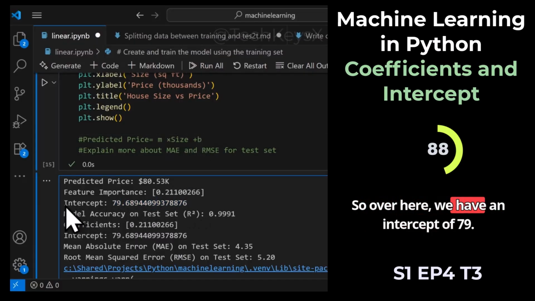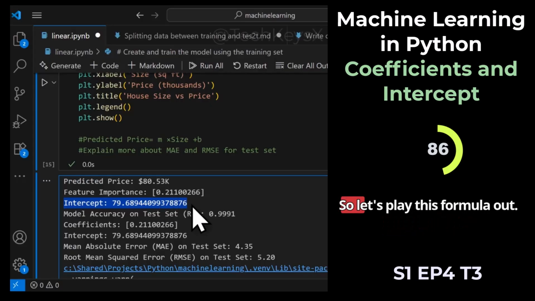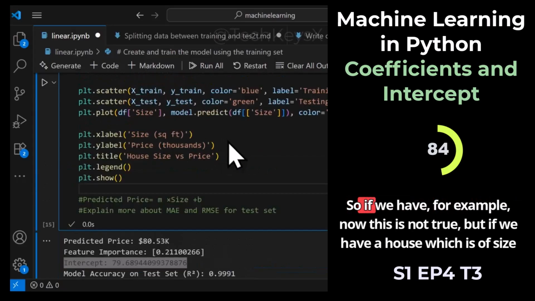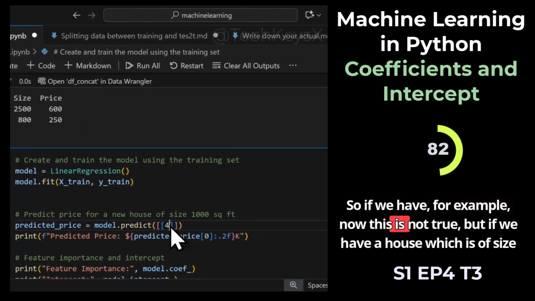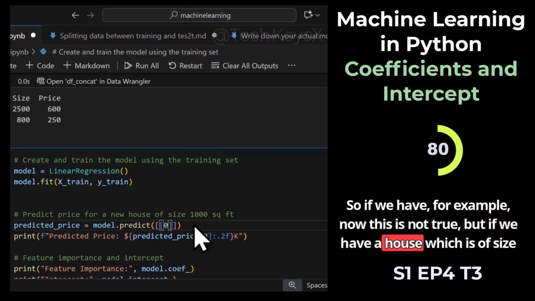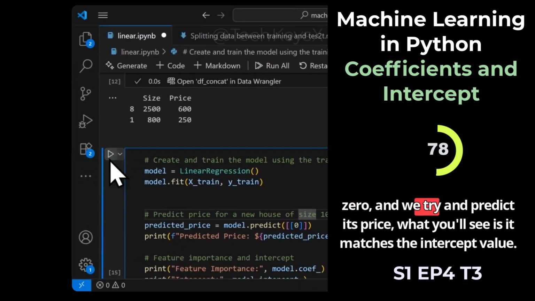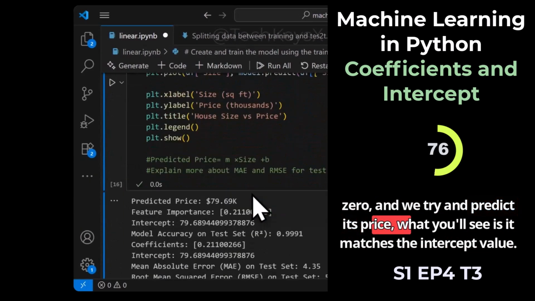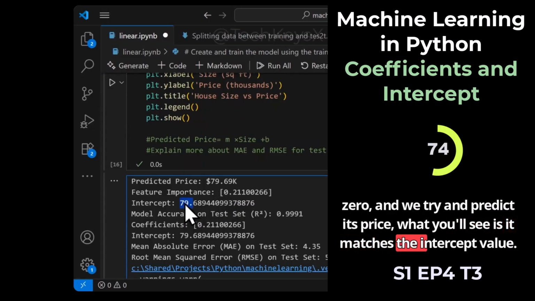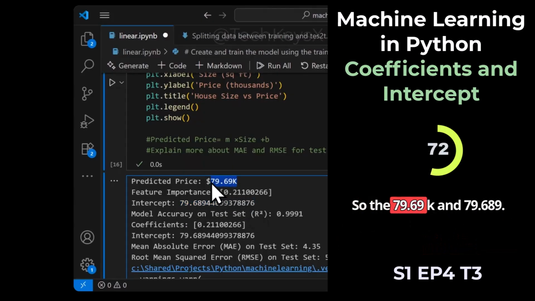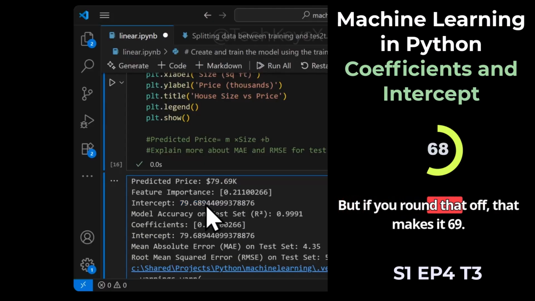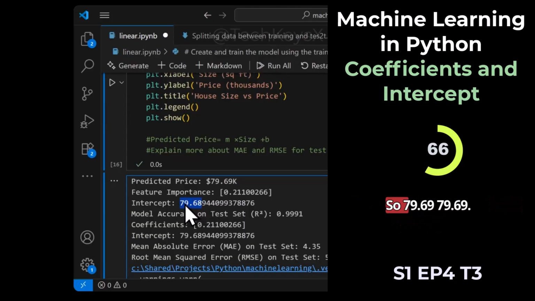So over here, we have an intercept of 79. So let's play this formula out. Now, this is not realistic, but if we have a house of size 0 and we try and predict its price, what you'll see is it matches the intercept value. So 79.69K, which is 79.689, but if you round that off, that makes it 79.69.